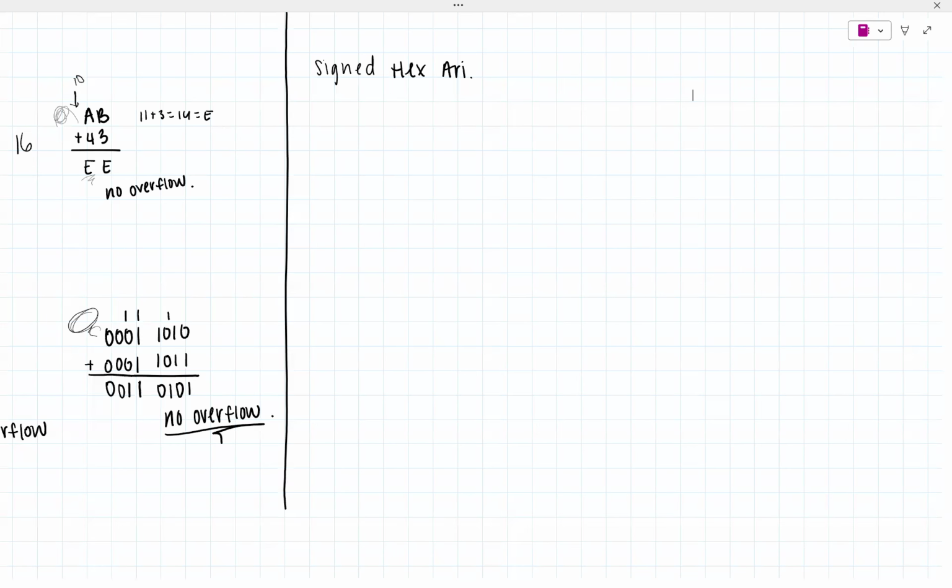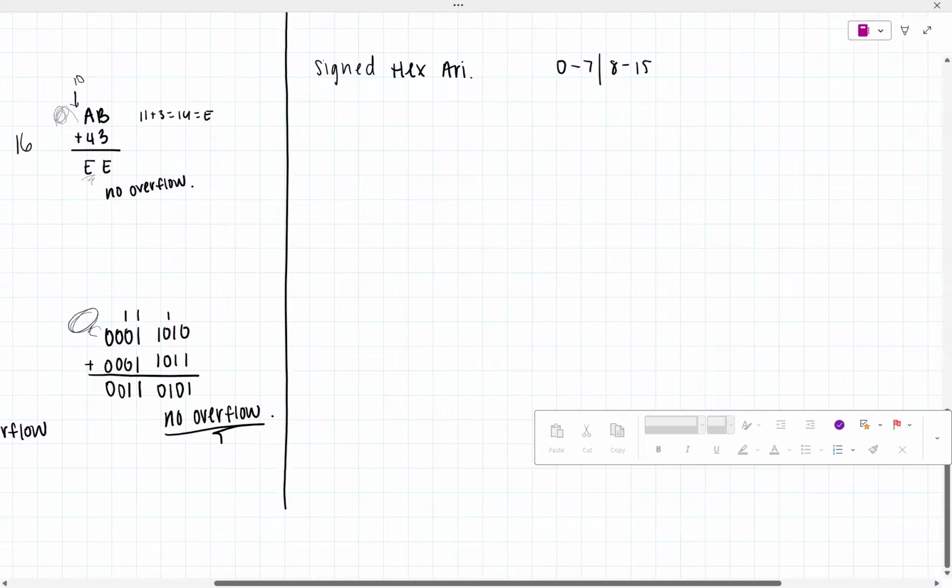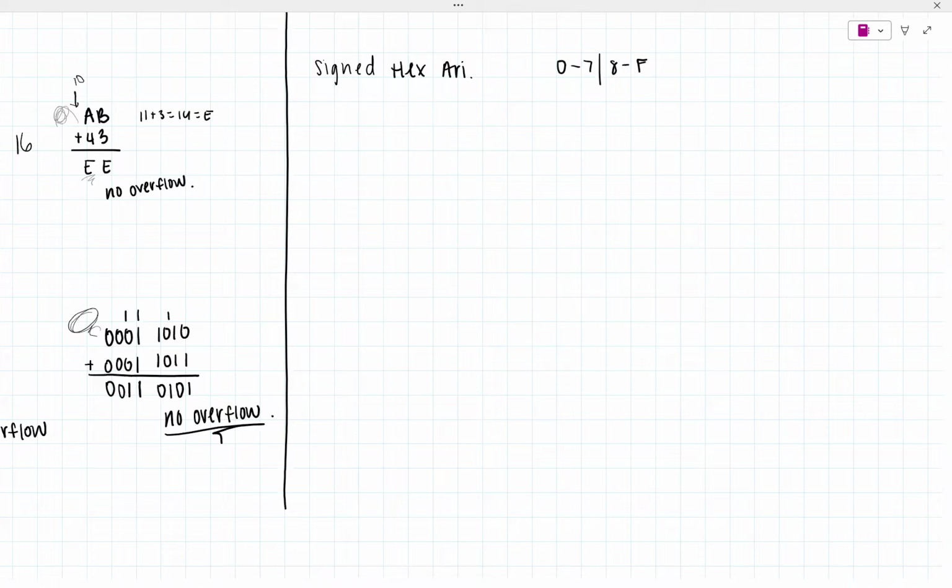So the way we're able to tell if a hexadecimal number is positive or negative is simply the number it starts off with.